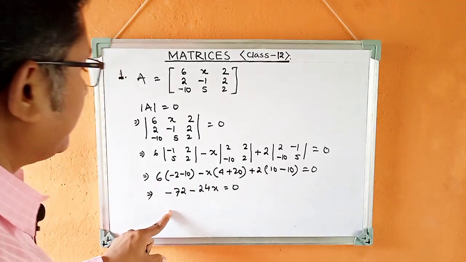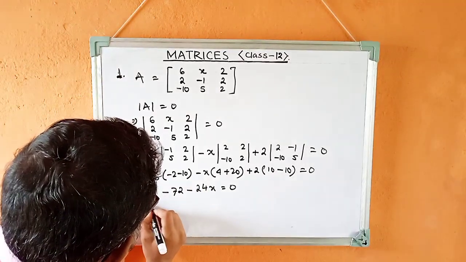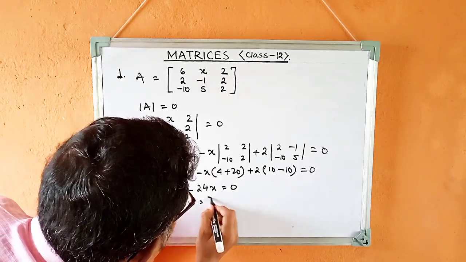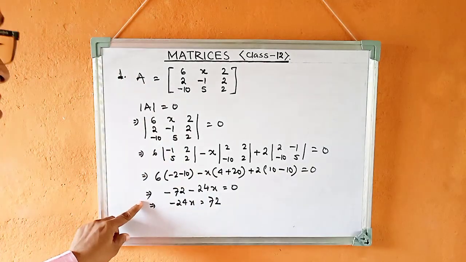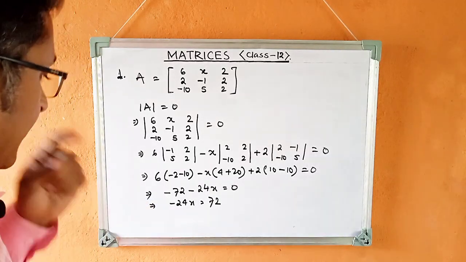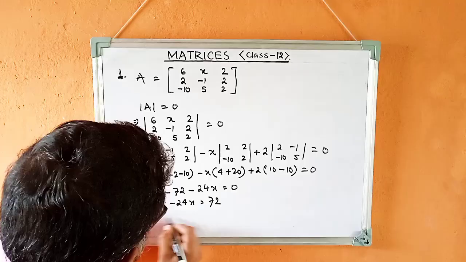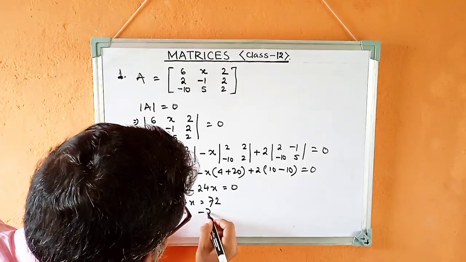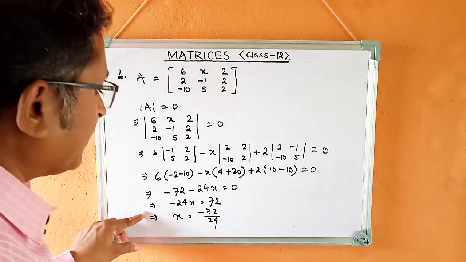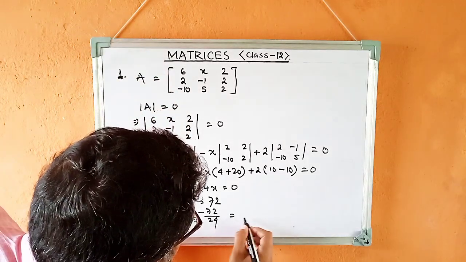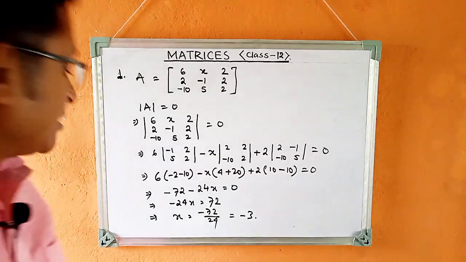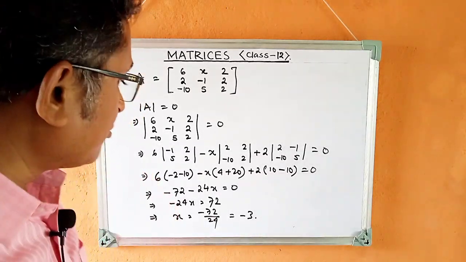Now find the value of x. See carefully: minus 24x is equal to 72. Therefore x is equal to minus 72 divided by 24. So the value of x is equal to minus 3.